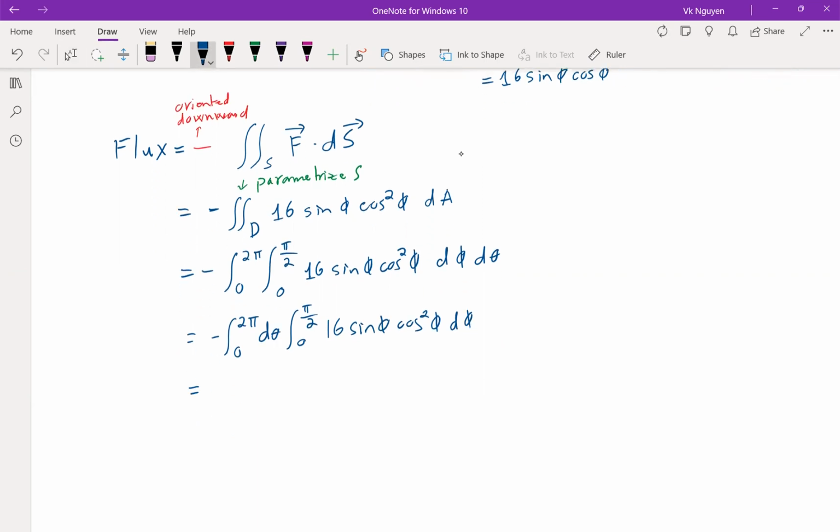Okay, minus 2 pi, and then this one is going to be a u-substitution. u equals cosine phi. So the derivative of cosine is negative sine, right? Make sure you know that. So it's going to be a negative of 16 over 3 cosine to the power 3, from 0 to pi over 2.